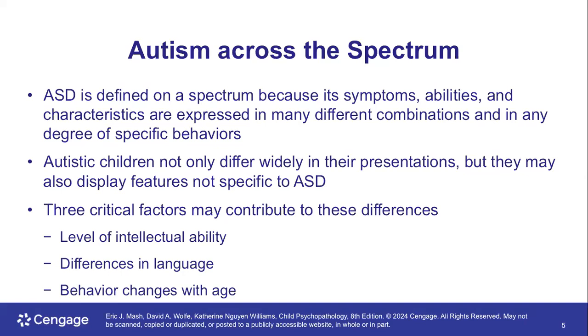Now, there are factors that influence the spectrum. So, level of intellectual ability plays a role in where a person is on the autism spectrum. Differences in language, whether a person is fully verbal, has some verbal ability, or is nonverbal, that's going to affect the presentation of a person on the autism spectrum.